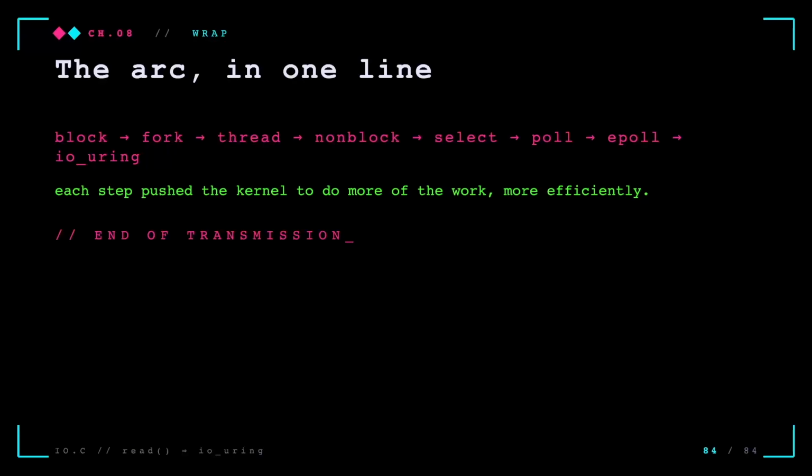And finally, io_uring, where we flipped the model entirely: we submit the work and the kernel just gives us the results directly. We even batched everything to the kernel, where the kernel does all the work and we can be busy doing other things. Everything we did solved the previous one's problem. And the takeaway is that there is no right or wrong. Again, it all depends on what kind of work you're doing.